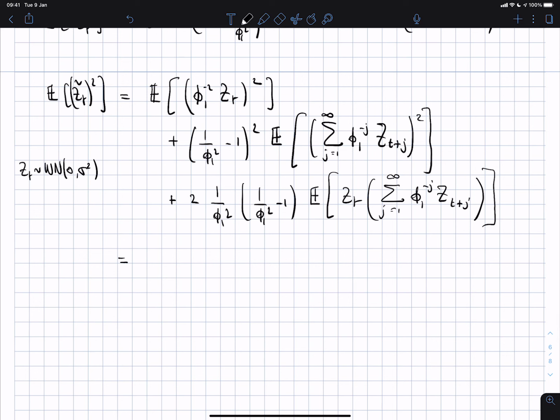So the first term here, let's say in orange, will give me sigma squared over phi 1 to the power 4. The second term will give me, well, that doesn't move.